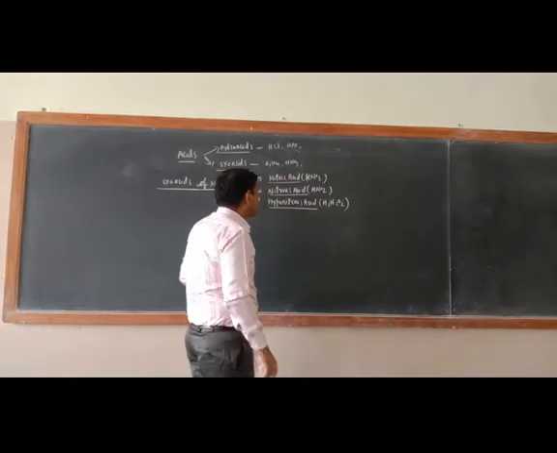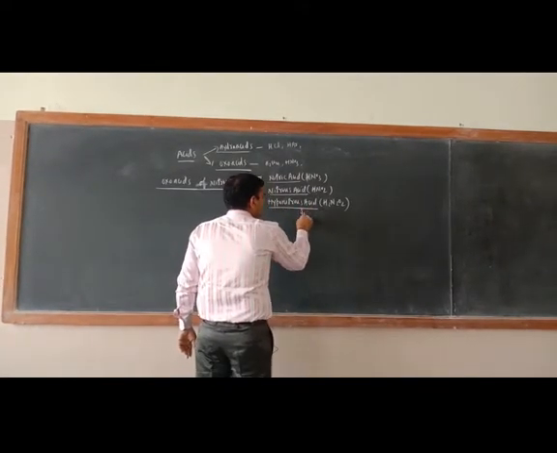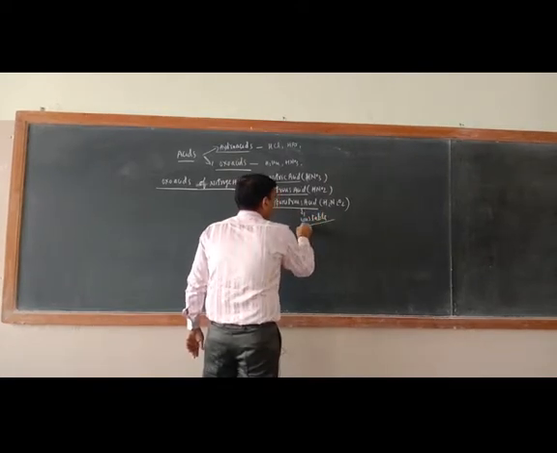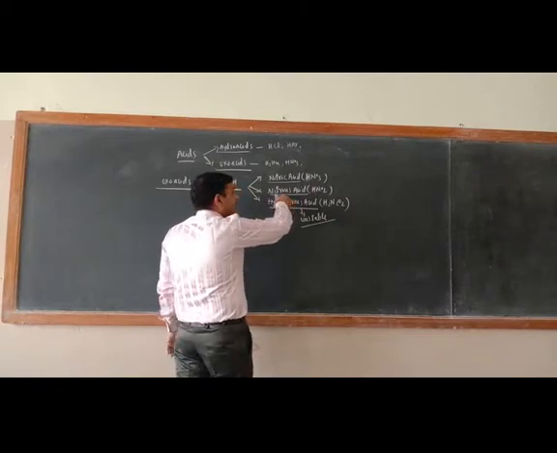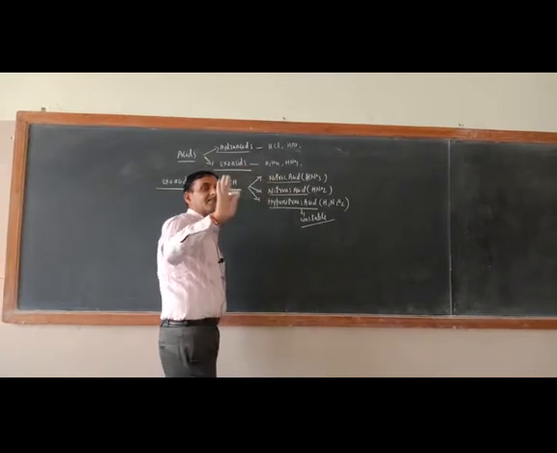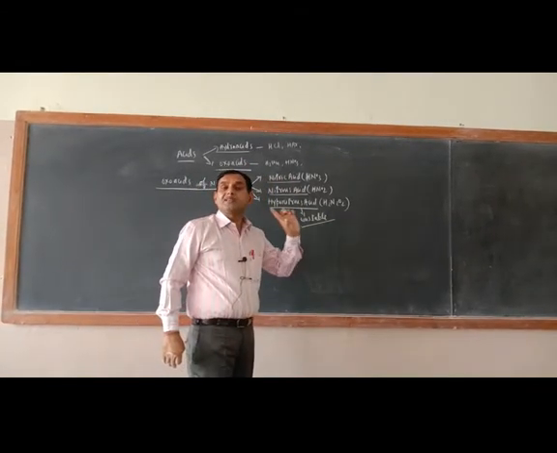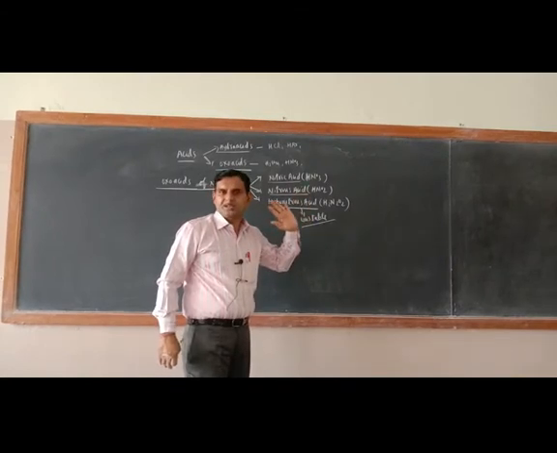Another one is hyponitrous acid. This is completely unstable. Nitrous acid is partially stable, and nitric acid is completely stable at room temperature. Whenever we talk of stability, we mean the stability of that compound at room temperature.